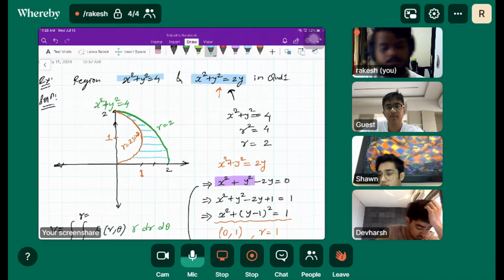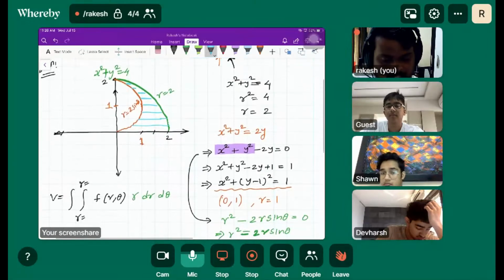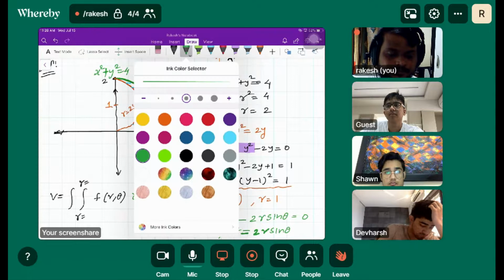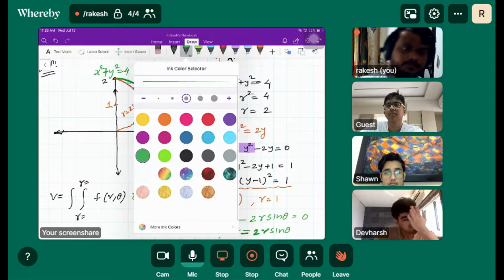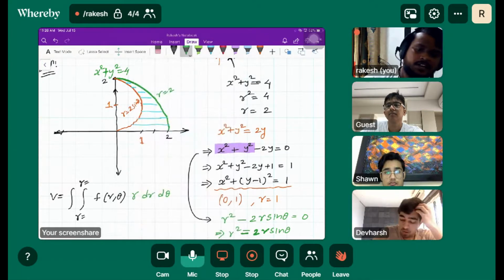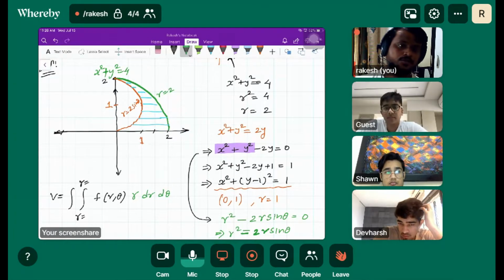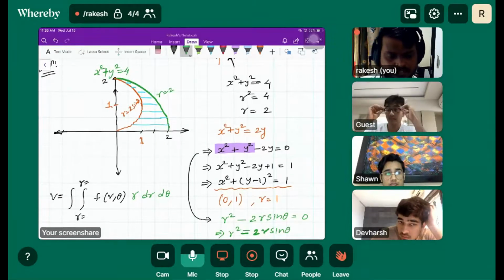Okay, so how do we decide the r value here? How do we find the limit of r? It is going from what to what? So we start from the pole, right? Pole is origin.